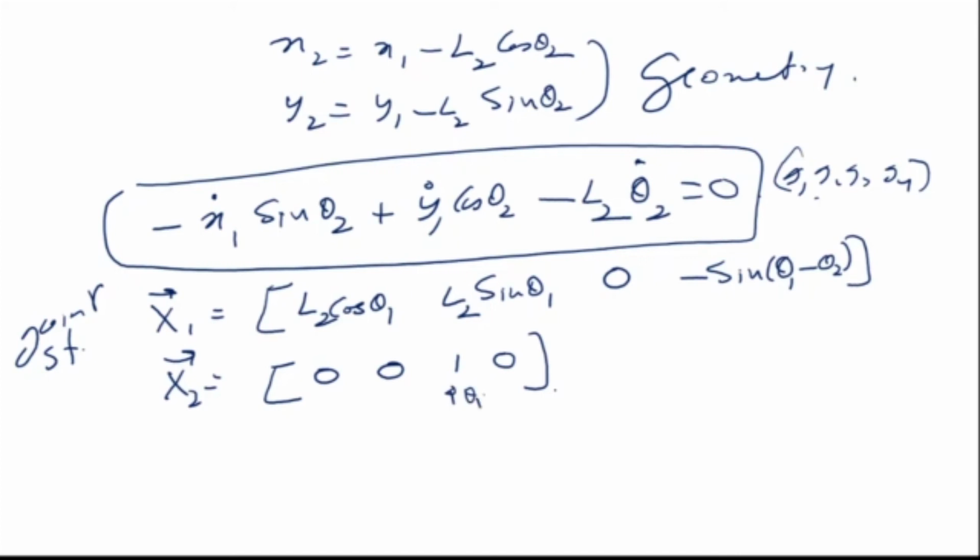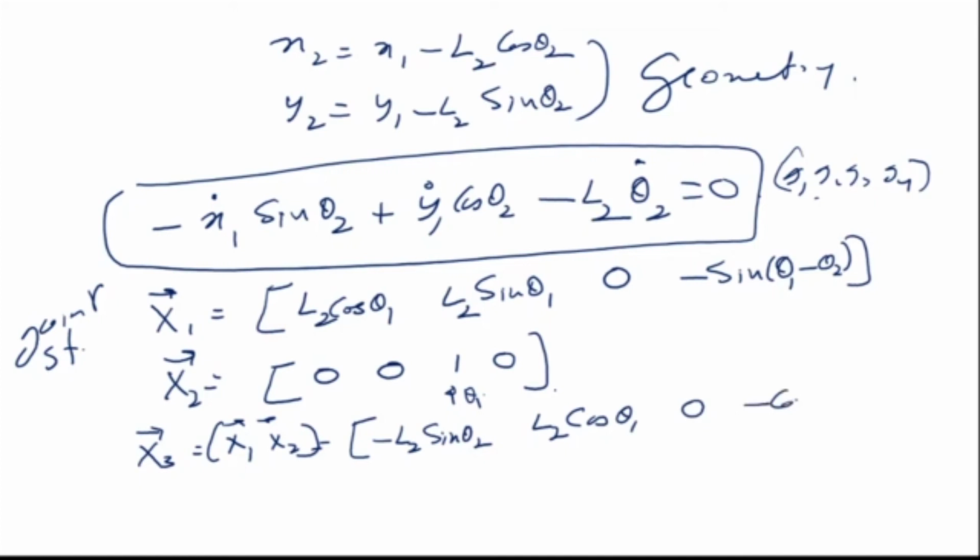Now if I use Lie brackets, then x3 is obtained from x1 and x2 using Lie brackets, and this generates another vector field which is L2 sine theta 2, L2 cos theta 1, 0, minus cos theta 1 minus theta 2.